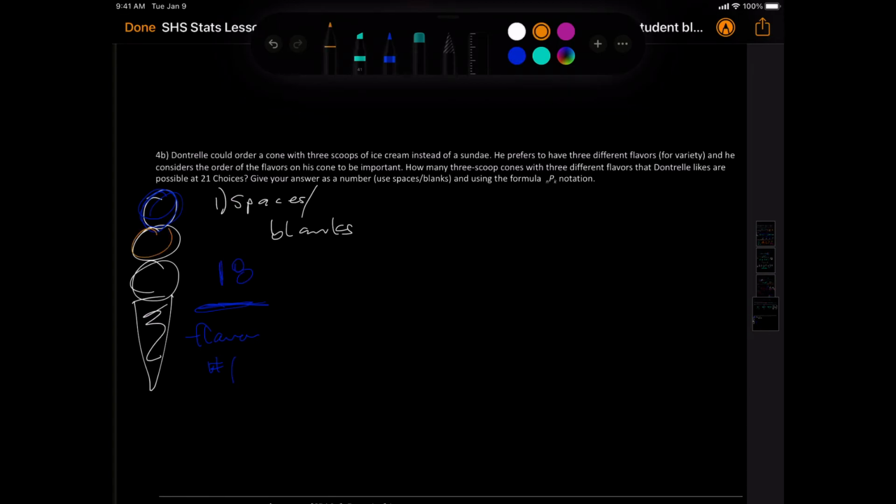But if you use one of those, flavor number 2 is going to have how many he can choose from? 17, because there's 1 less. He doesn't want duplicates. He says that he wants a variety. And of course, flavor number 3 is going to be 16. That's the last scoop. So 18 times 17 times 16 gives us 4,896 possible 3-scoop cones.